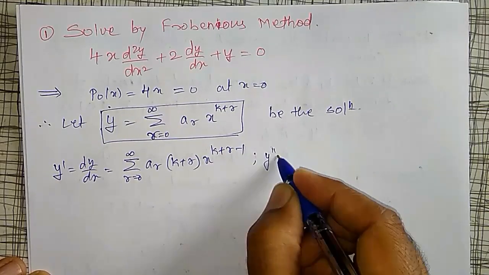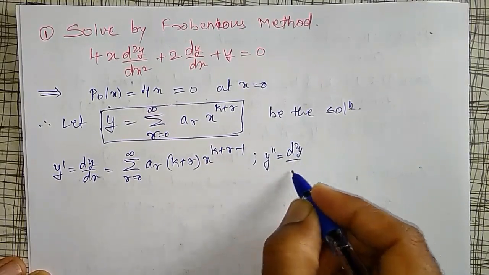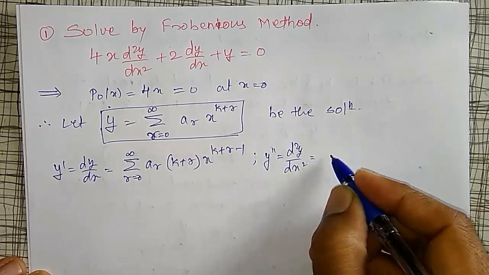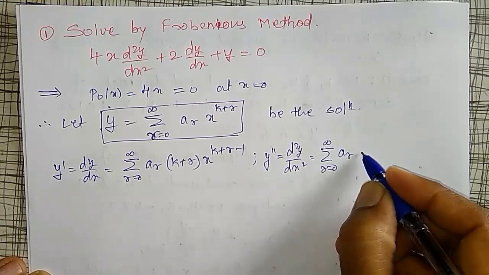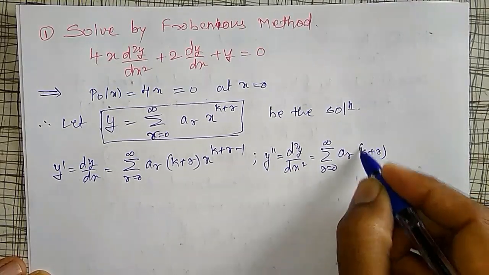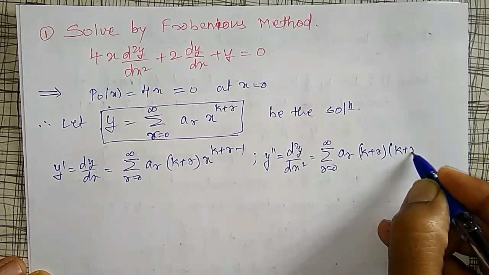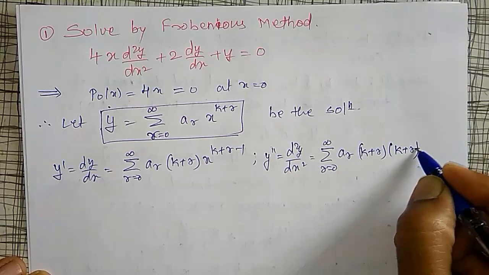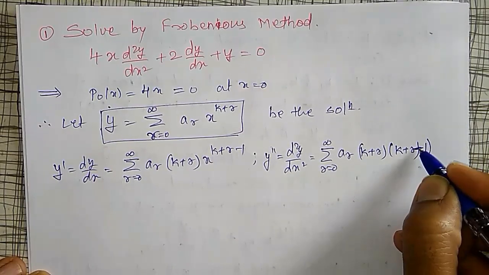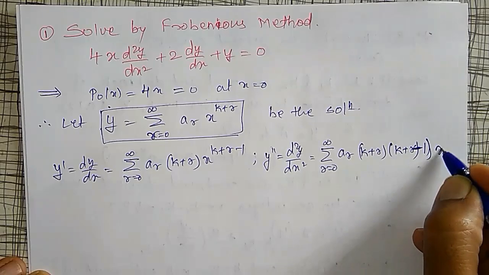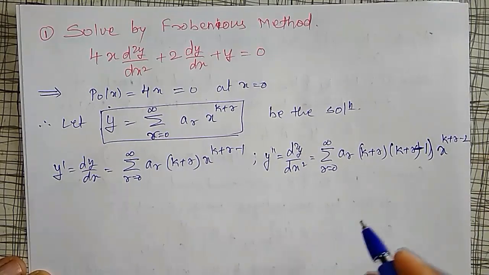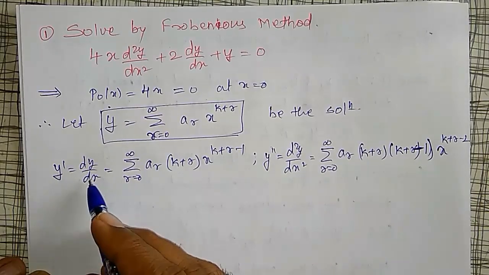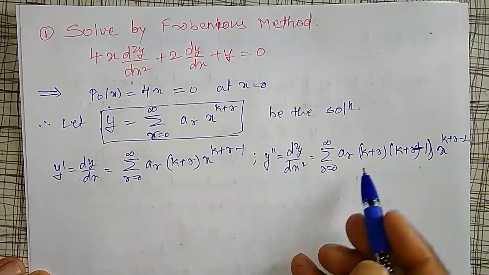Whereas y double dash, that is d square y by dx square, will become summation r equal to 0 to infinity ar k plus r into k plus r minus 1 into x to the power k plus r minus 2. This is the derivative of dy by dx and d square y by dx square.